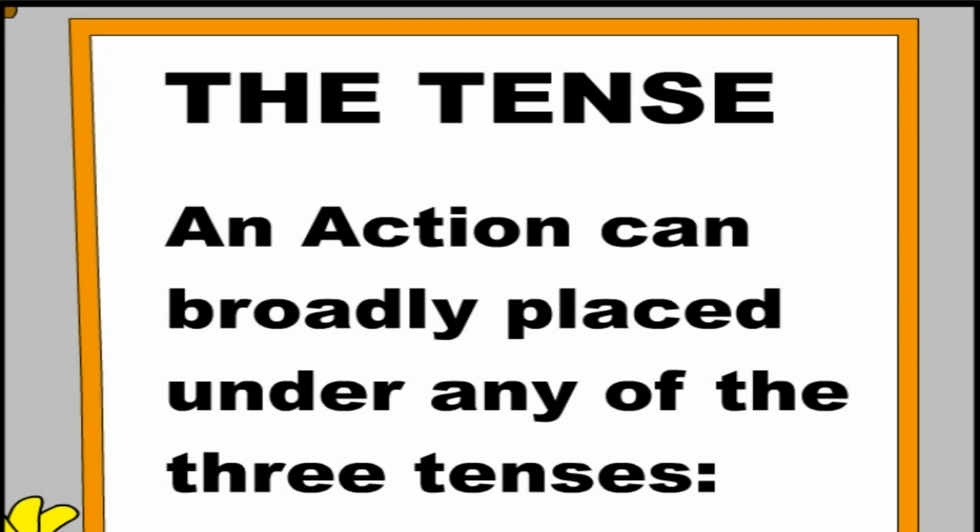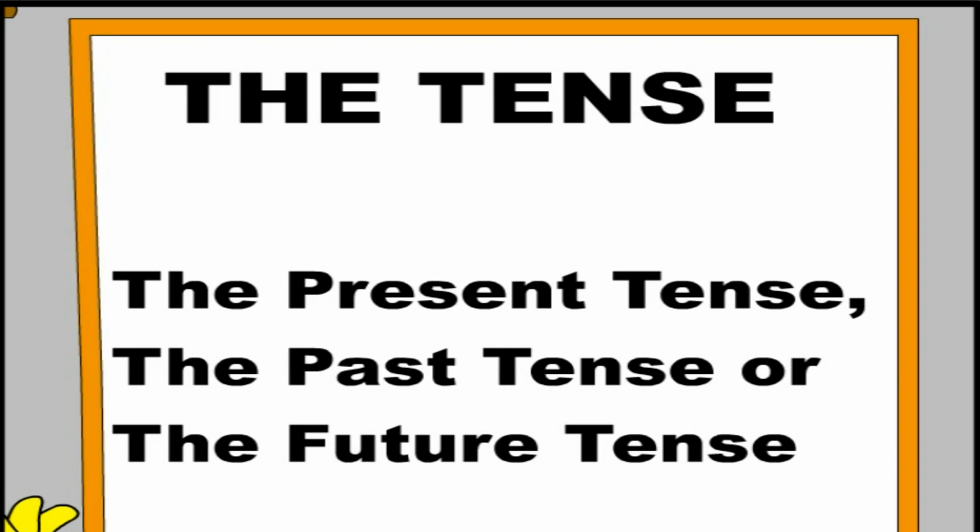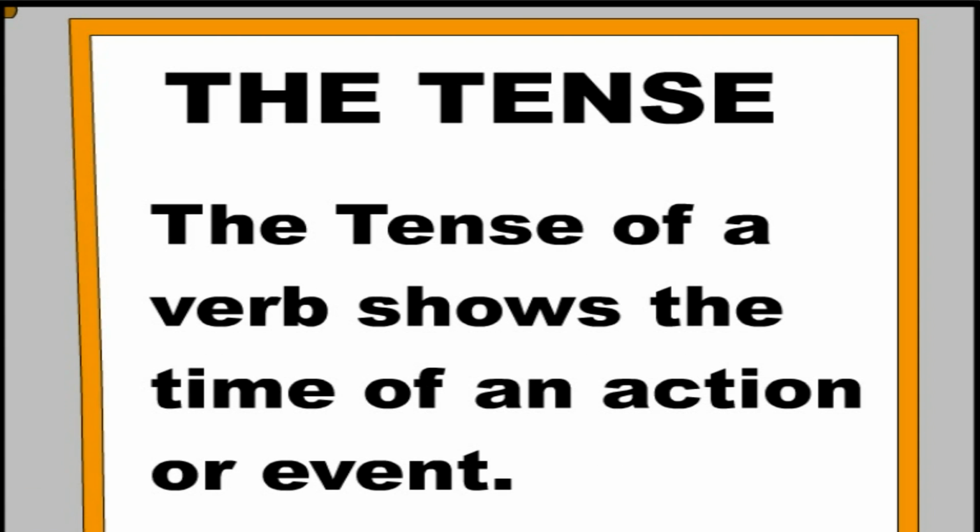An action can broadly be placed under any of the three tenses: the present tense, the past tense, or the future tense. The tense of a verb shows the time of an action or event.